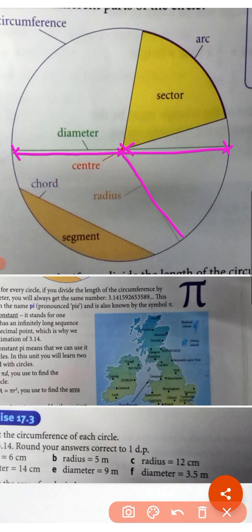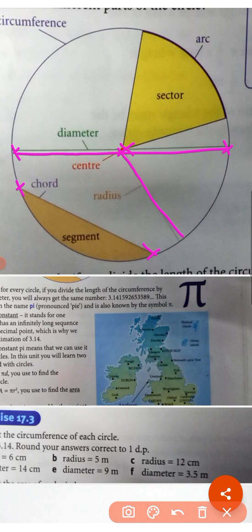Next is chord. Chord is a line segment which joins any two points on a circle. If a chord passes through the center of a circle, it is known as the diameter.